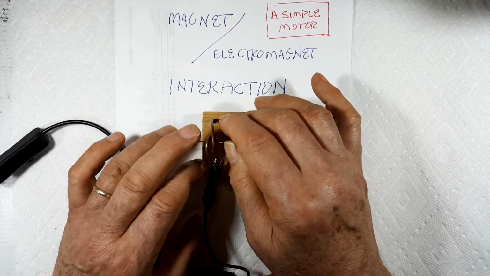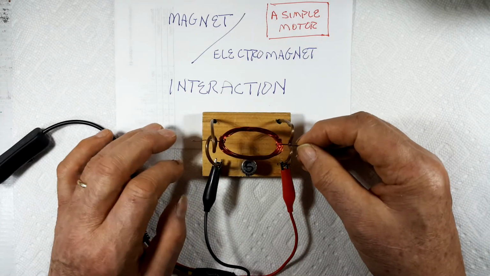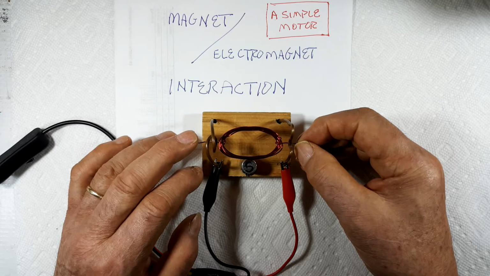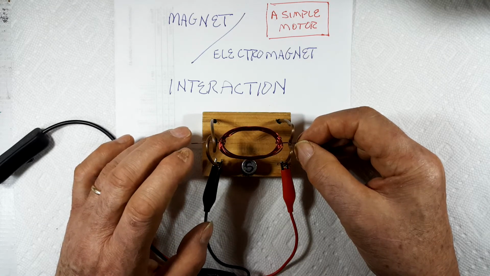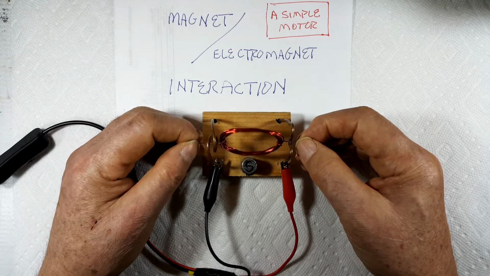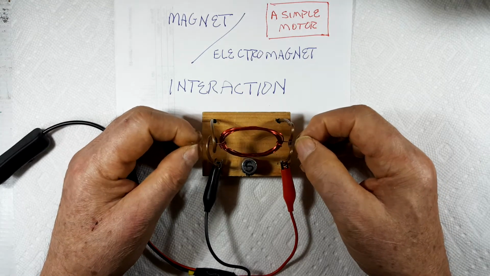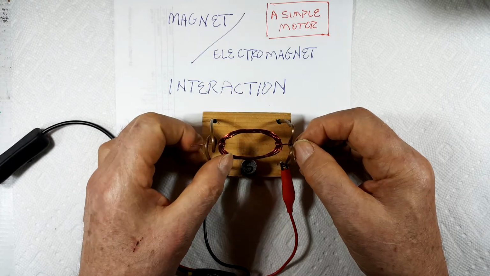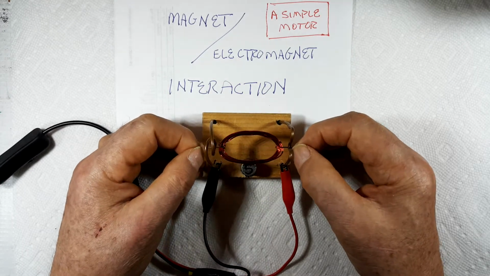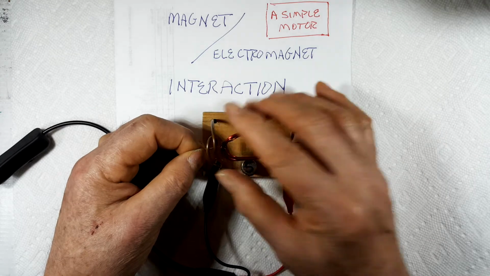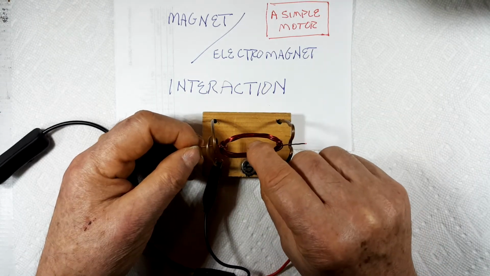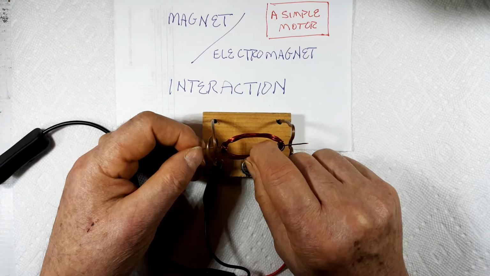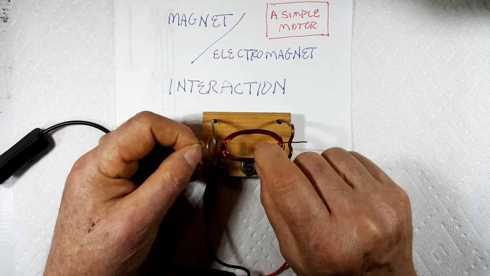But when it's rotating on top of the insulation, there is no circuit because there's no continuous flow of electrons. And this way of inducing a magnetic field around a coil of wire and having it repel, in other words, the south pole of this magnet repels the south pole of the electromagnet, it pushes it away.